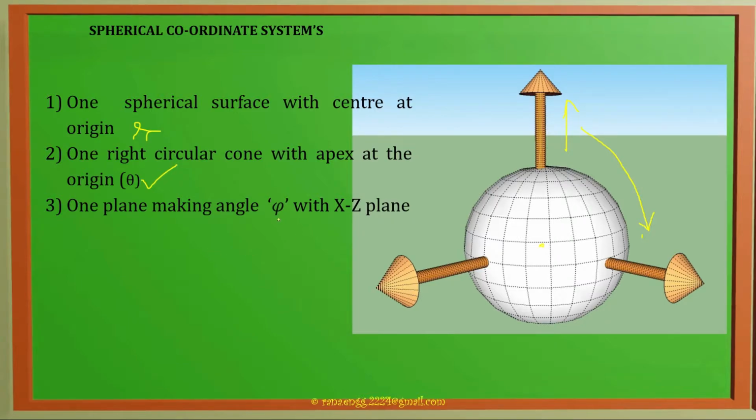Third one we require is angle phi. It is same like a cylindrical shape. So we have one curved path like this, and second curved path is like this, the complete rotation. So this angle is given by phi. So we will have three components as r, theta and phi.